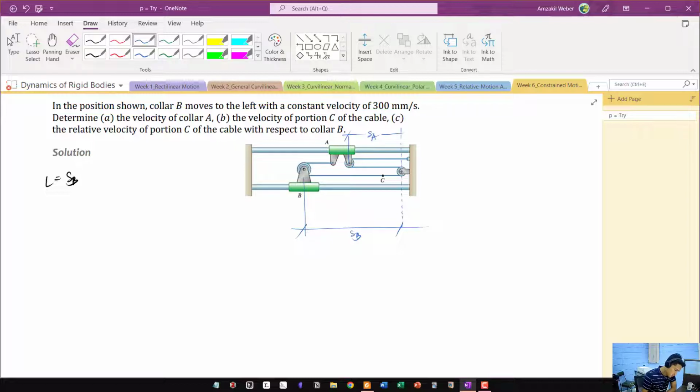For the sake of simplicity, we're going to add something like C here, for us to easily see that the next distance is equal to SB minus C minus SA. Next is this, that would be SA, and the other one is 2SA.